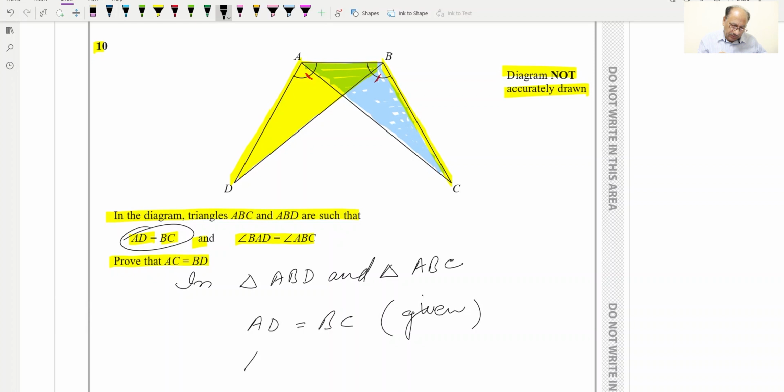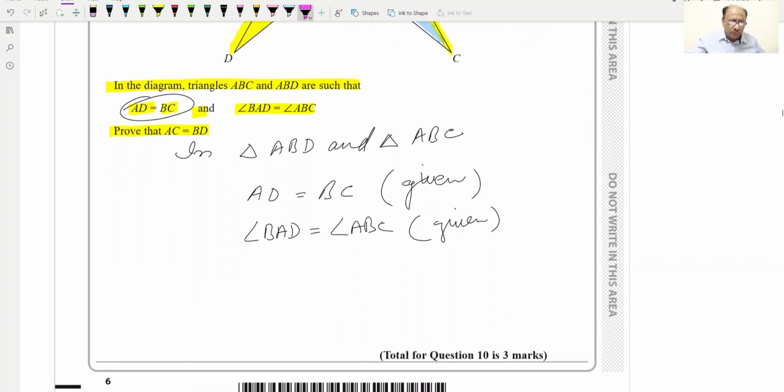Next, angle BAD is equal to angle ABC, and this is also given. Whatever is given we have written. Now side AB, this side, is common in both.